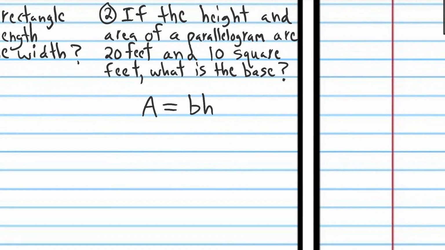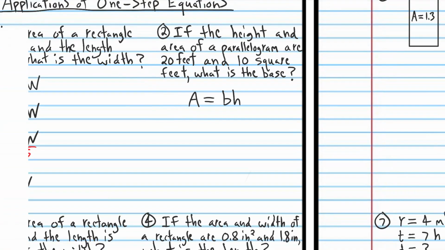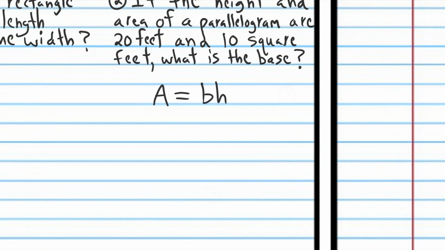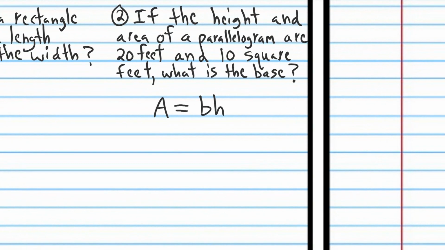So you write your formula, and then just like in the previous problem, you're going to plug in what you know and solve for what you don't know. So we know that the area is 10 square feet because they tell us that. And we know that they give us the height this time, so we're going to write the height over here.